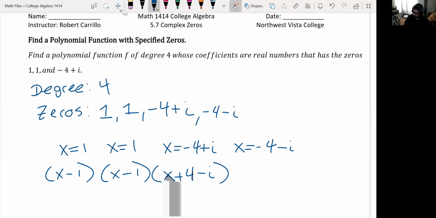And then for this one, move both terms over as well, and you'll have x plus 4 plus i.